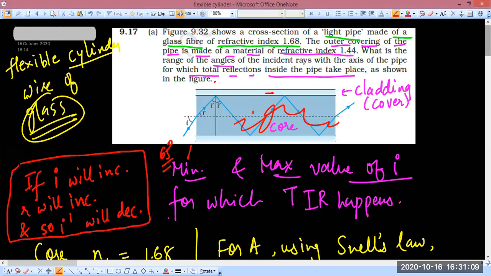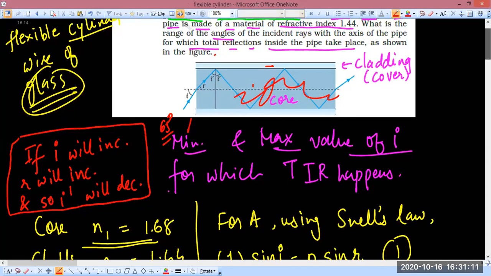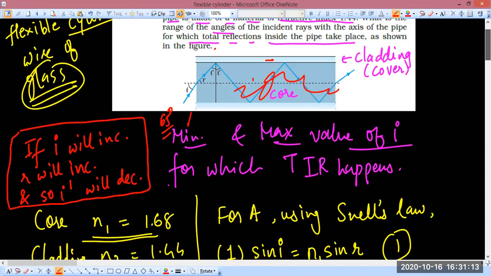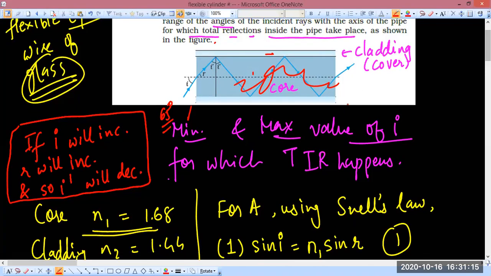Okay, so what this means is that if you want total internal reflection to occur, then the I dash value should be more. It means I dash value should be more, and for I dash to be more, I has to be less. Is that okay?